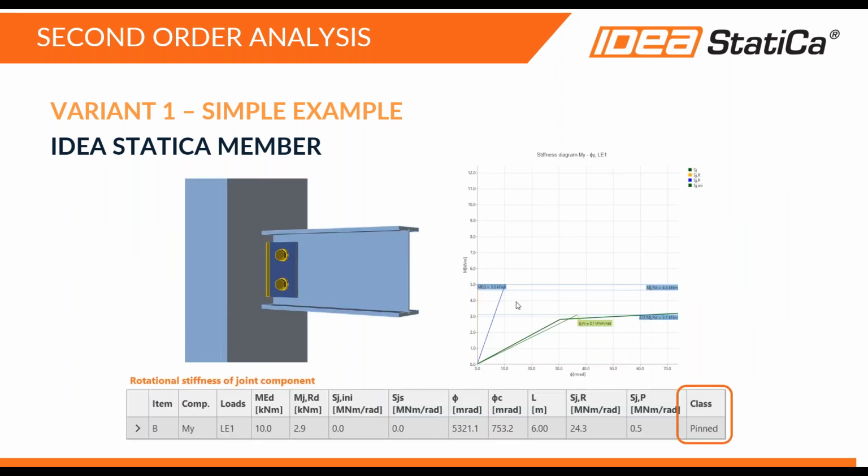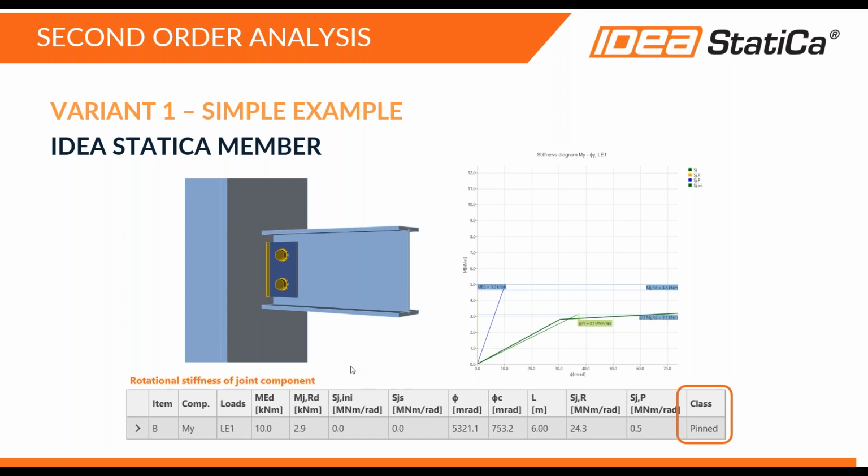All right. Another thing, the connections that are modeled within IDEA StatiCa Member. So we model the real connections, get the real stiffnesses of the connections. So we have to be aware of that. And this is just a side note, that I'm going to represent the hinge connections by a fin plate.